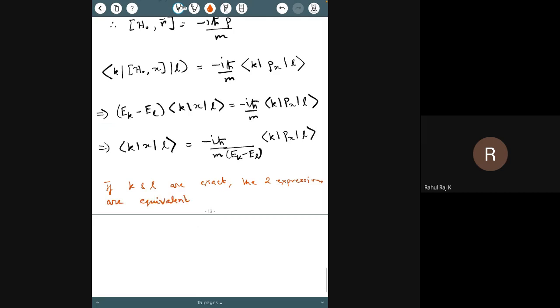But as soon as you have approximations to K and L, this relation is lost, and then you have to do some theory-specific considerations, like whether they are equivalent or not.